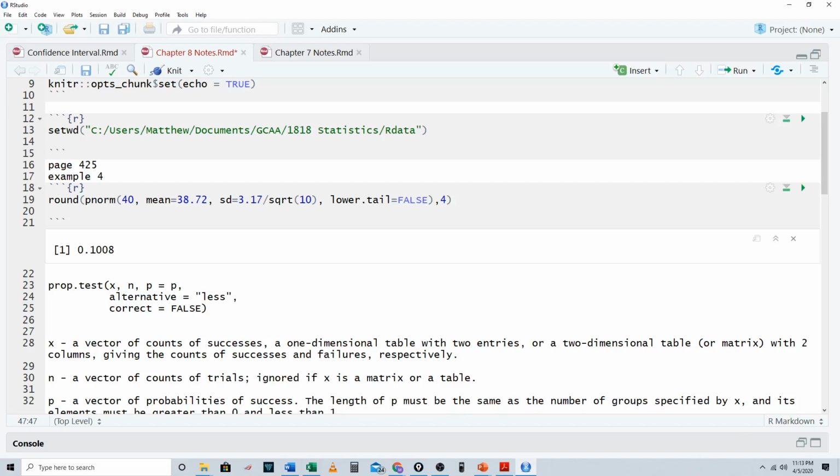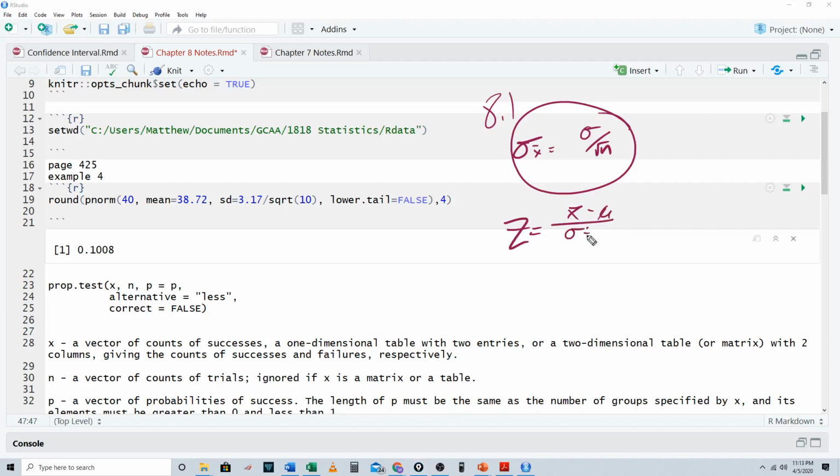Either it's going to be the formulas that I wrote down for that second part, or sigma x bar is equal to sigma divided by the square root of n. Either that, okay, from 8.1. That's probably the only thing that you need a calculator for, maybe to find z, where z is equal to x bar minus mu over sigma over the square root of n.